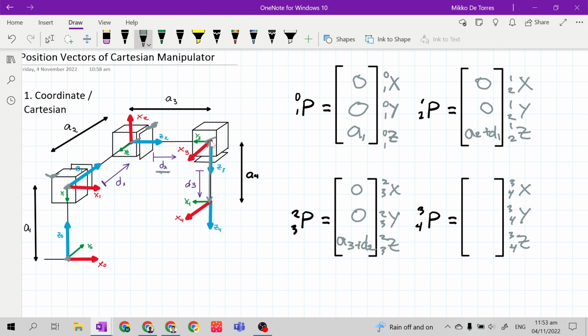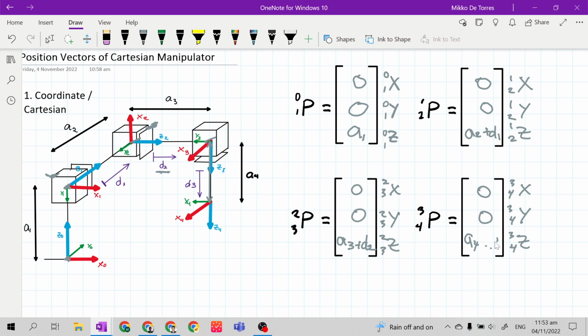The distance along the x sub 3 axis is 0. Along the y sub 3 axis is also 0. But along the z sub 3 axis, it is a sub 4 plus the joint variable d3, because frame 3 is a prismatic joint.